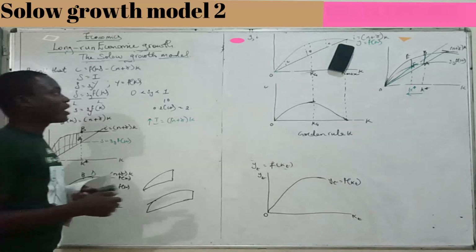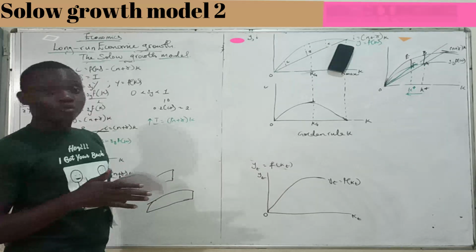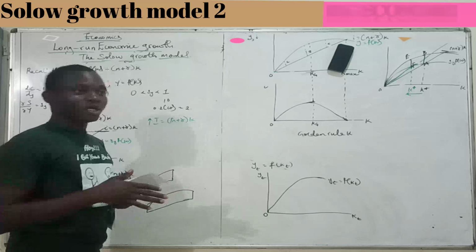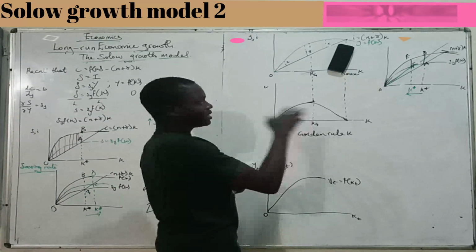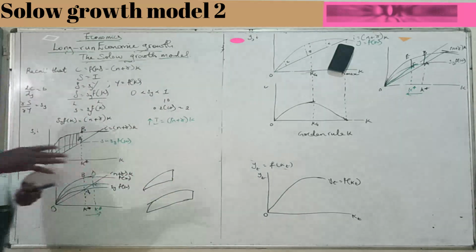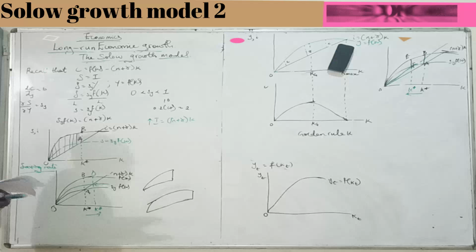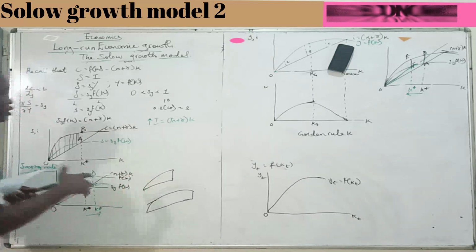It also has to control its population growth rate, that is, work on lowering it. Because here, population growth rate increased and the standard of living fell. So population growth rate has to reduce for the standard of living of the people to rise.